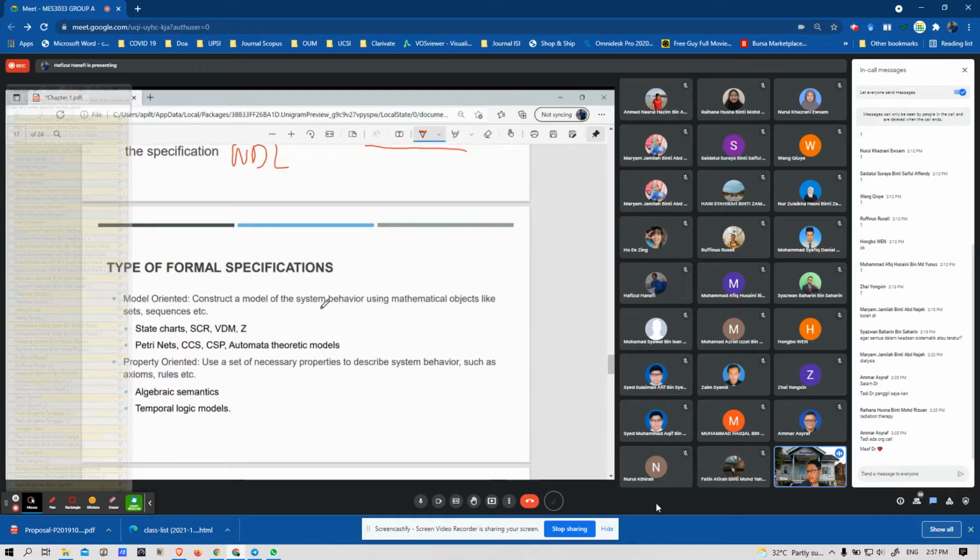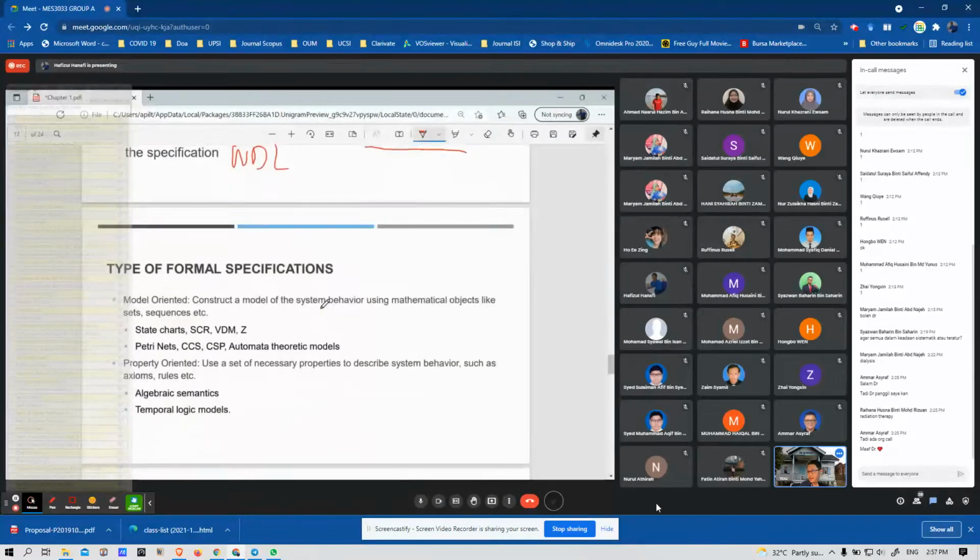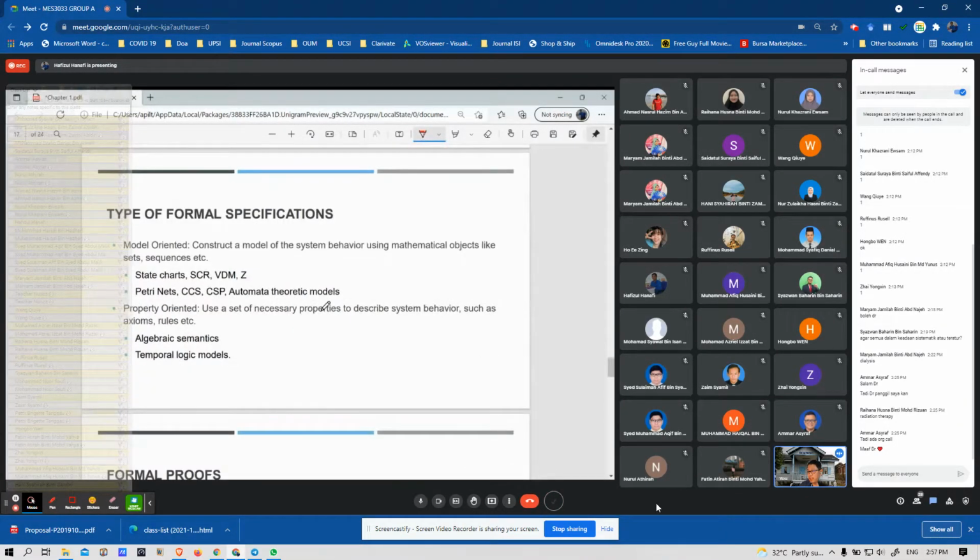Okay, and then the types of formal specification. This includes the programming ones: we have state chart, SCR, VDM, Z, and then we have Petri net. These model the system behavior.